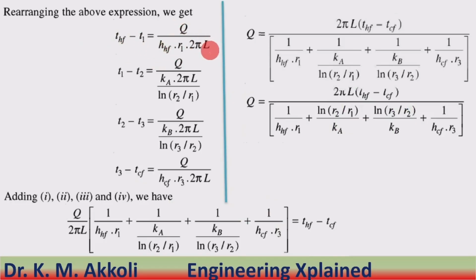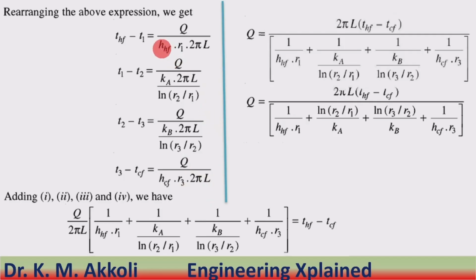THF minus T1 equal to Q by HHF into R1 2 pi L, and T1 minus T2 is equal to Q by Ka 2 pi L, ln R2 by R1, and T2 minus T3 is equal to Q by Kb into 2 pi L, ln R3 by R2. T3 minus TCF is equal to Q by HCF into R3 into 2 pi L. And these equations we get from the heat conduction equations.